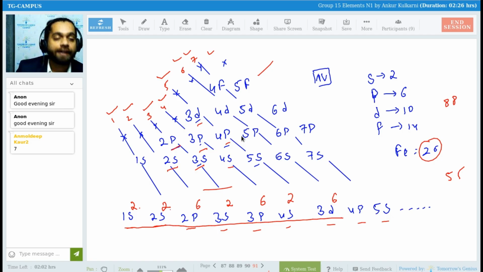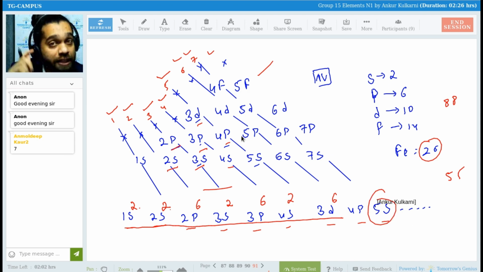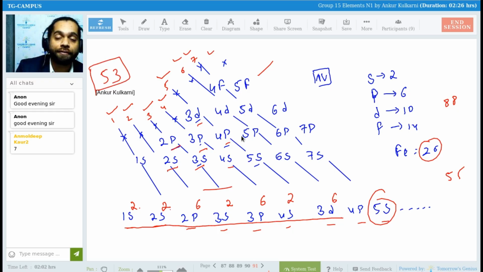Take the number 53 and write down the electronic configuration of 53 and tell me in which subshell, 5s, 6p, whatever it is, the last electron enters. I hope everyone is clear. Take the help of the diagram and tell me which subshell the last electron enters. S, P, D, F. Come on. I expect an answer from everyone. Take your time, no issues. But do this.